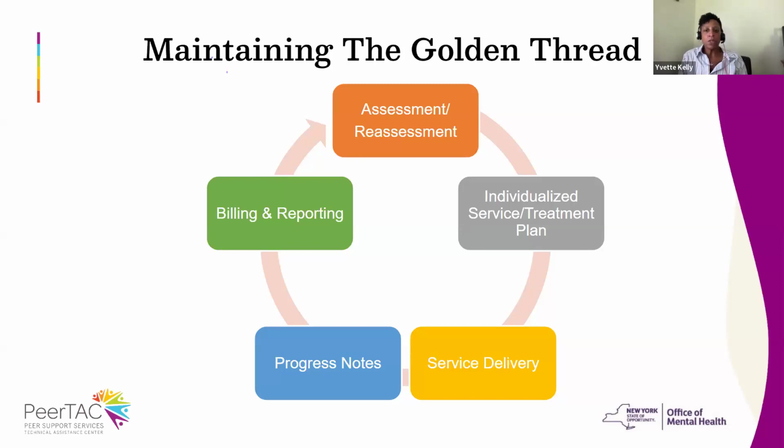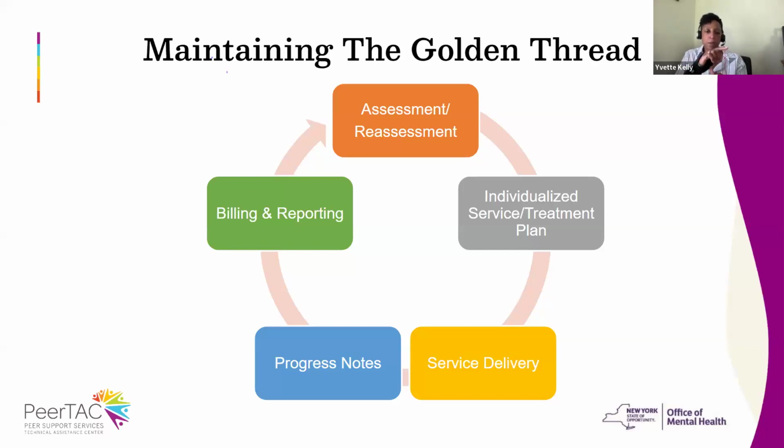All right. So when we're talking again about the golden thread, we're generally talking about three areas, right? In processes of alignment, assessment, followed by the service plan, followed by the services delivered. The progress notes really identify what services were delivered, and then those services get billed and perhaps reported on.